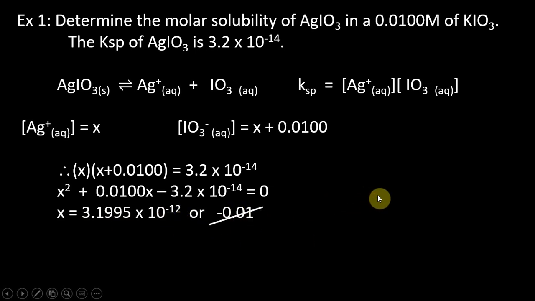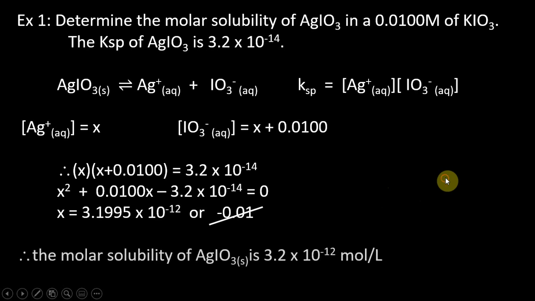Well, we can't have negative values, so that's not it. So that means our molar solubility of the silver iodate is going to be 3.2 times 10 to the minus 12 moles per liter. Okay, that's all the silver iodate that we're going to be able to dissolve in this solution.